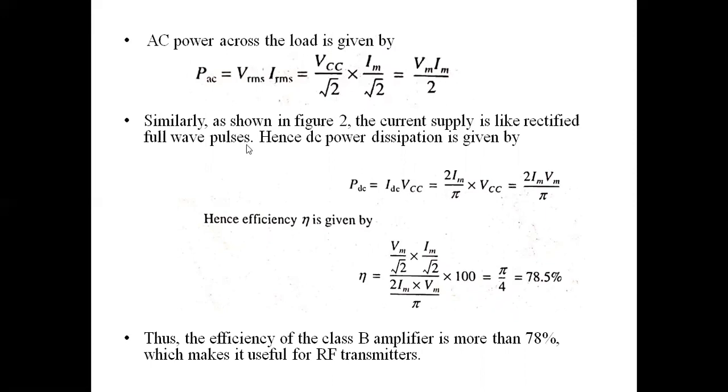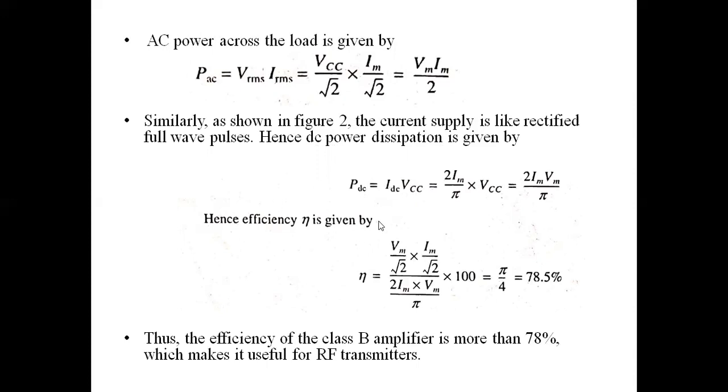Similarly, using figure 2, the current supply is like rectified full wave pulses, and the DC power is given by IDC into VCC. The DC current IDC is equal to 2 IM by pi, and simplifying, the DC power is 2 IM into VM by pi.